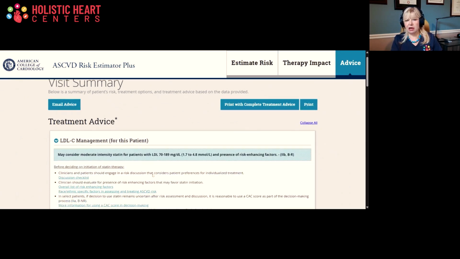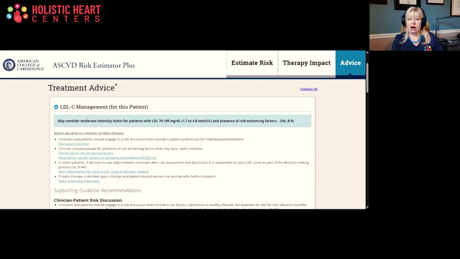Based on this calculation, we will be offering this patient advice to consider a moderate-intensity statin, especially if there are other risk-enhancing factors present, right?